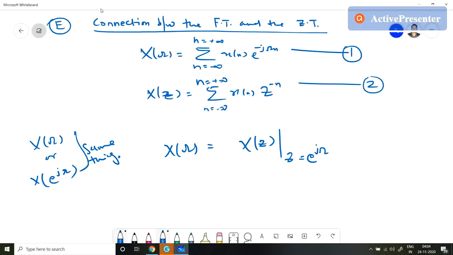So the condition is that x[n] must be absolutely summable.